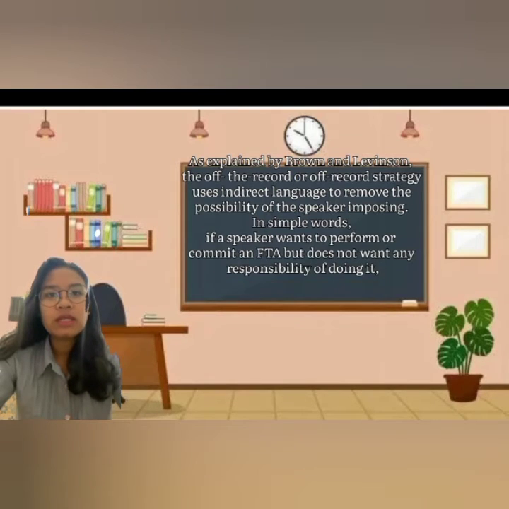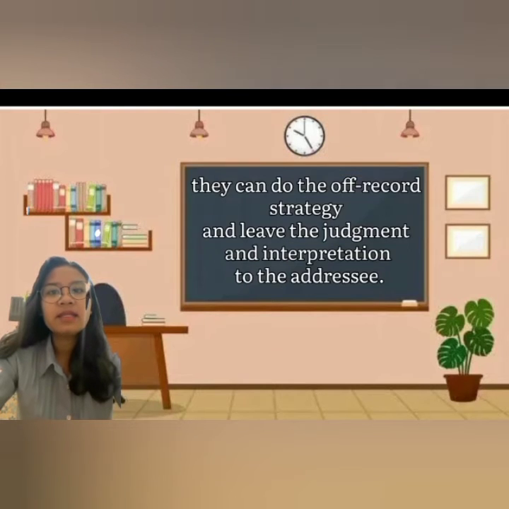In simple words, if a speaker wants to perform a face-threatening act but does not want any responsibility for doing it, they can use the off-record strategy and leave the judgment and interpretation to the addressee.